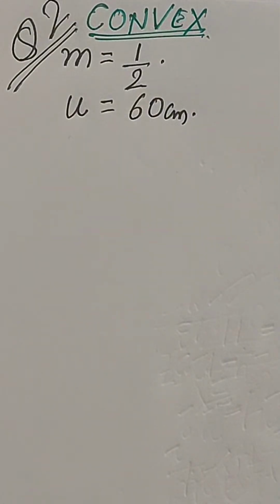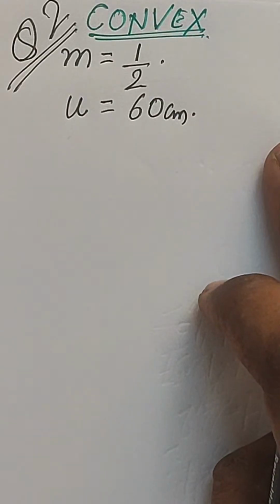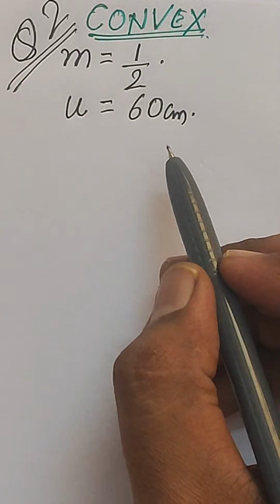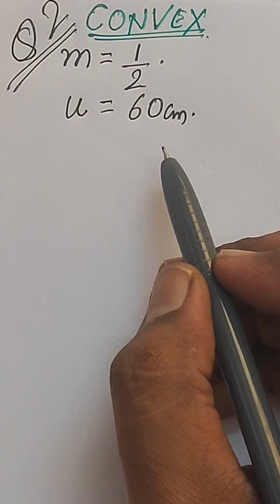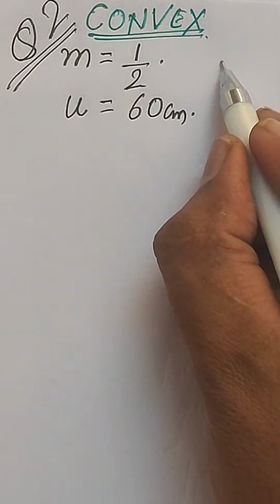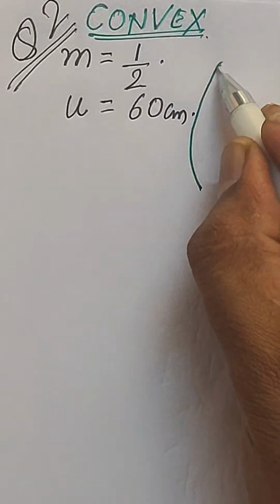Now, where should the object be placed so that the size of the image becomes 1 by 3rd that of the object, right? So it's a convex mirror, right? And the question is asked that where should the object be placed so that the size of the image should be that. So first of all, the situation is like this.